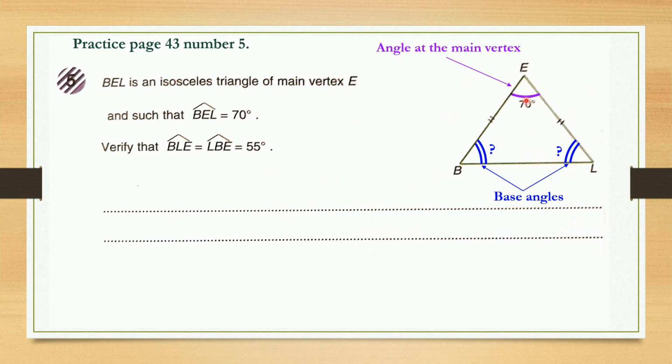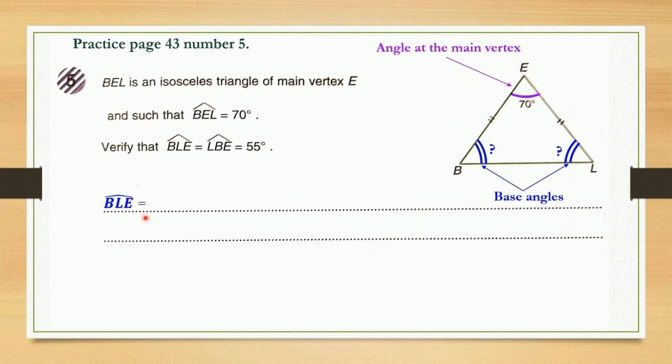So we know that the angle at the main vertex is equal to 70. What will remain for the two other angles is 180 minus 70, because the sum of the three angles is 180 degrees. 180 minus 70 equals 110 degrees. And since these two angles are equal, we divide 110 by 2, we will have 55 degrees.